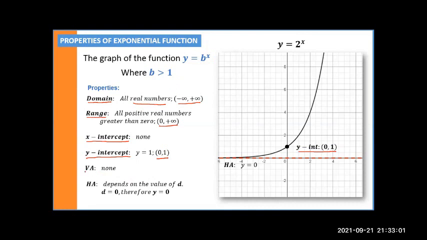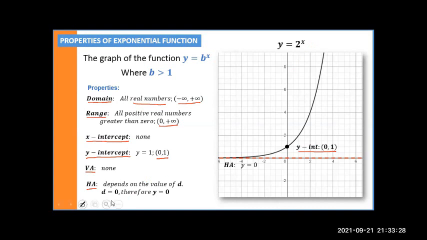Next, vertical asymptote, we have none. So makikita naman natin sa behavior ng graph. So wala tayong restriction sa domain. So ibig sabihin walang vertical asymptote. Pero as you can see, meron talaga tayong horizontal asymptote. It depends on the value of d. So ito ay walang value ng d.